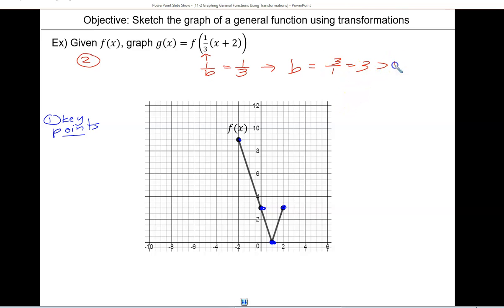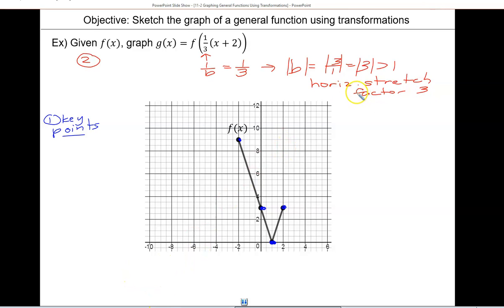And 3 is greater than 1, well, the absolute value of 3 is. And so that gives us a stretch. Because we're dealing with b, it's a horizontal stretch, and the factor is 3. So I'm going to write that down: a horizontal stretch, and my factor is 3.